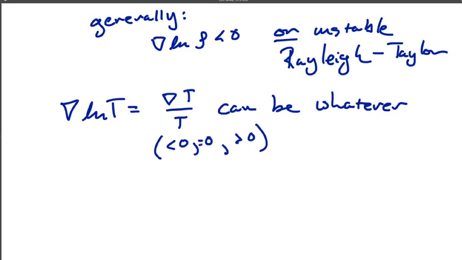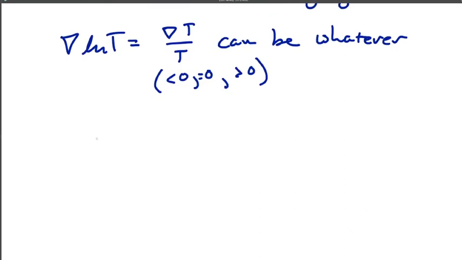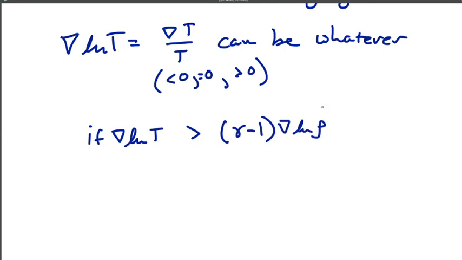So what do we do? Well, let's consider some different cases. If grad log T is greater, and by this we mean that it's either less negative than, or positive or 0 or anything like that, because remember on the right-hand side I'm writing down grad log rho, which is a less than 0 quantity.